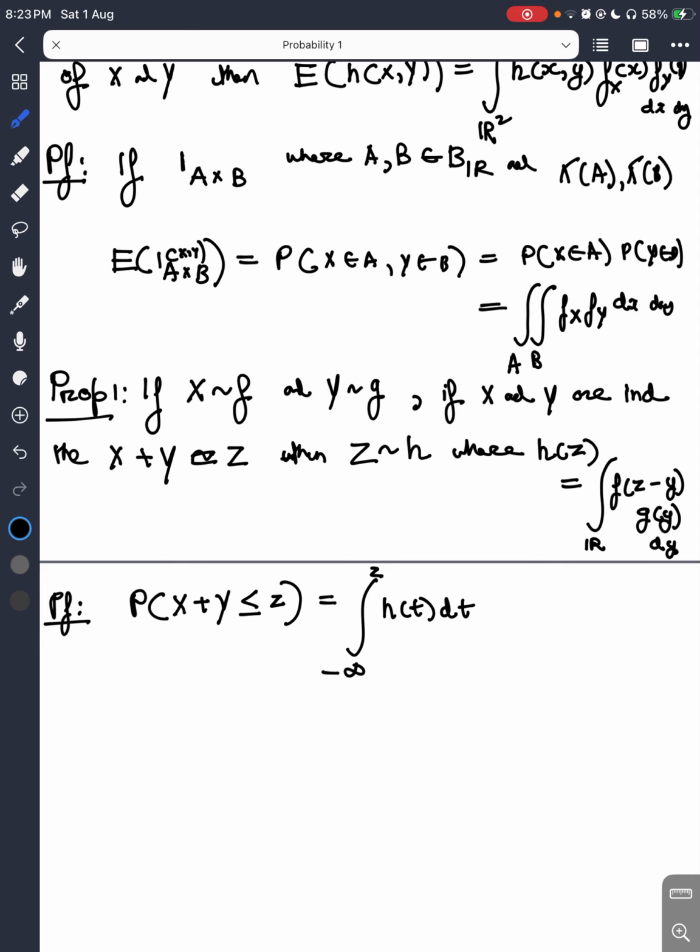This is not a very good notation, so let us call this t and that z. This is nothing but the expectation of the indicator function of minus infinity to t applied to x plus y.